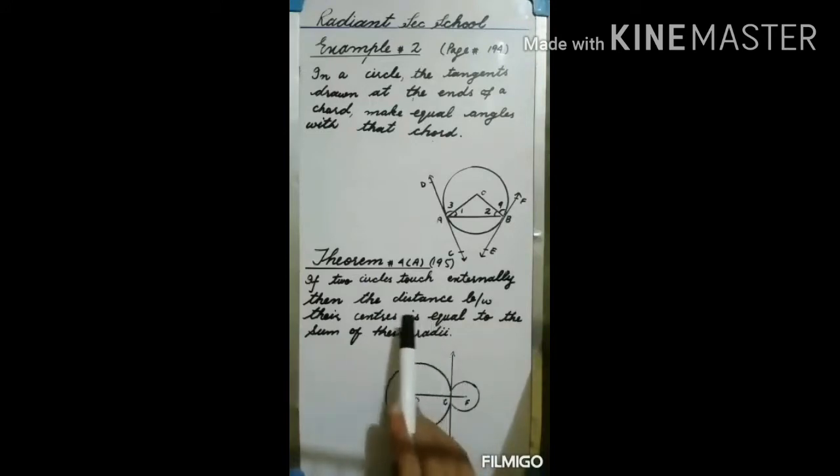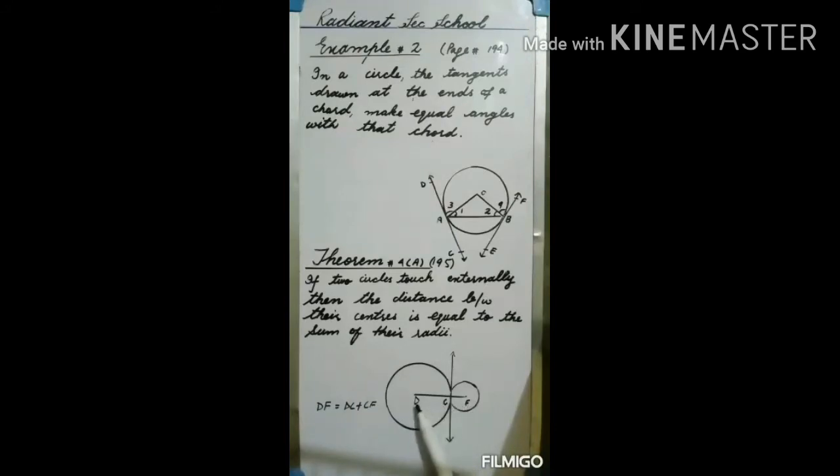Then what we have to show is that the distance between the centers, DF, will be equal to the sum of their radii. Here the radius of the bigger circle is DC and the radius of the smaller circle is CF. According to the lengths, DF equals DC plus CF.